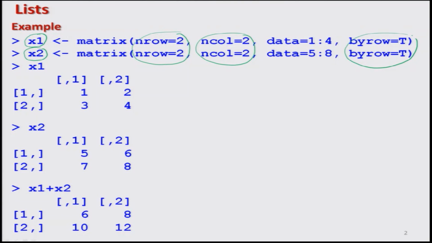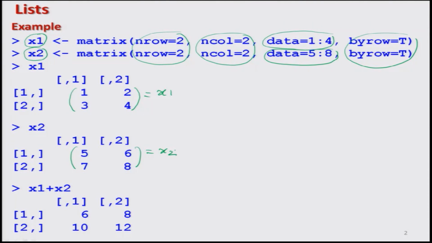The only difference is that in the matrix x1 I am taking a sequence of 1 to 4, and in the matrix x2 I am taking a sequence of 5 to 8. So the x1 matrix looks like this, and this is your x2 matrix.